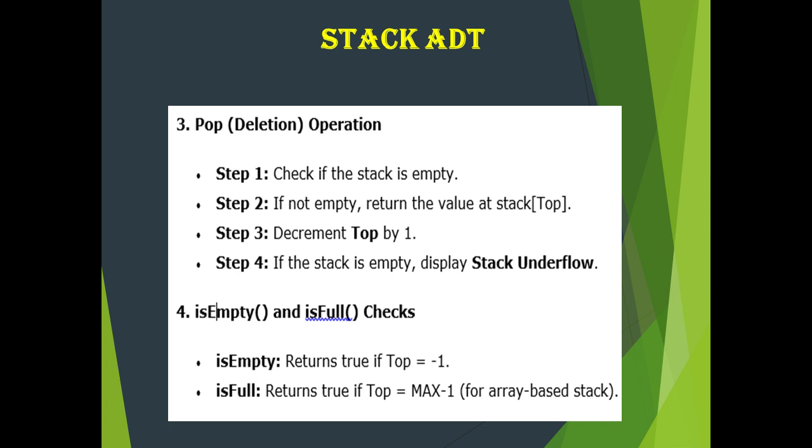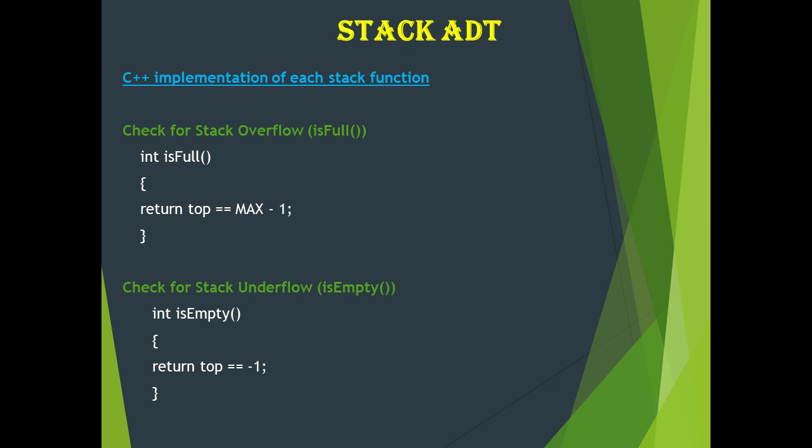See this code. As I told you, in the case of full, we have to check whether the top is equal to maximum minus 1. If it is so, it will return true, otherwise it will return false. Similarly, is empty means if the top value is equal to -1, the stack is considered empty. Before inserting, we have to check whether the stack is full.